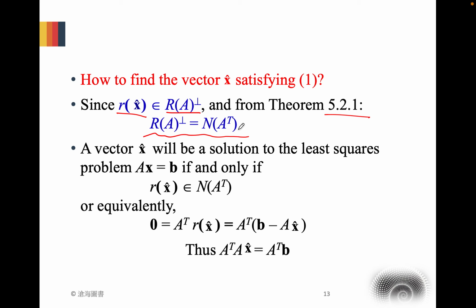Remember that? In that part, we described the relation between the column space of A, the row space of A, the null space of A transpose, and the column space of A transpose. Right?